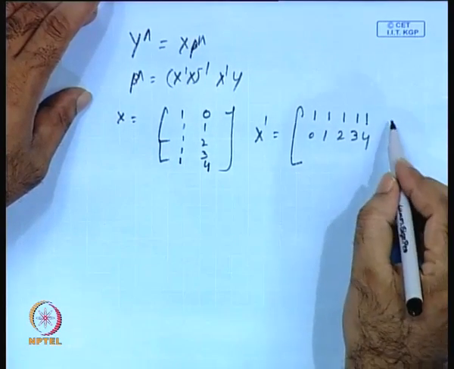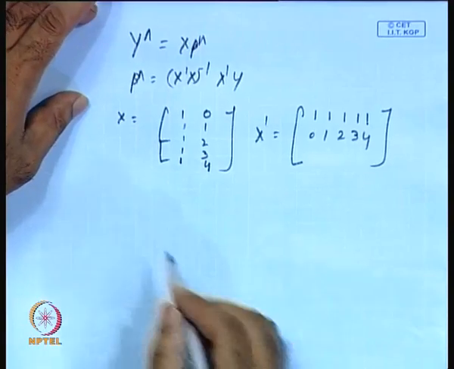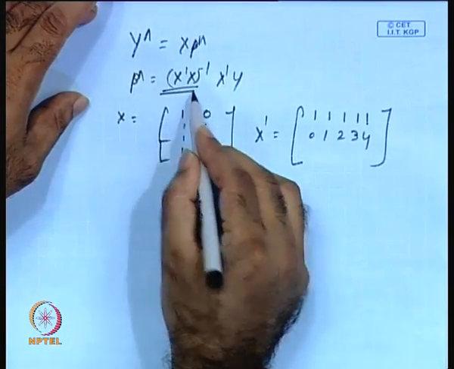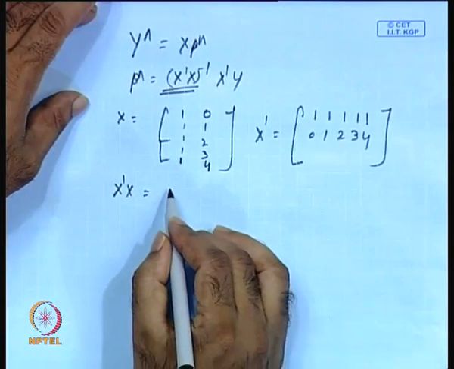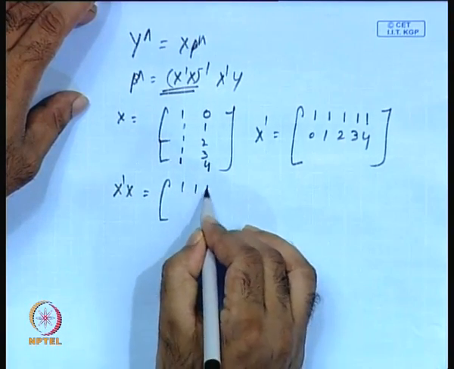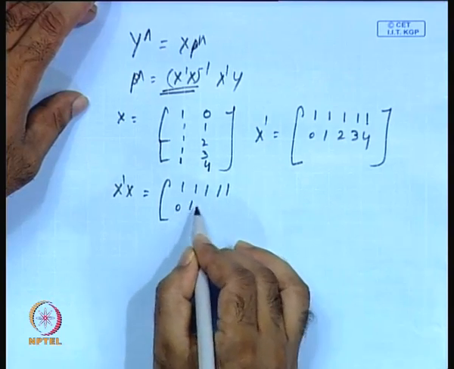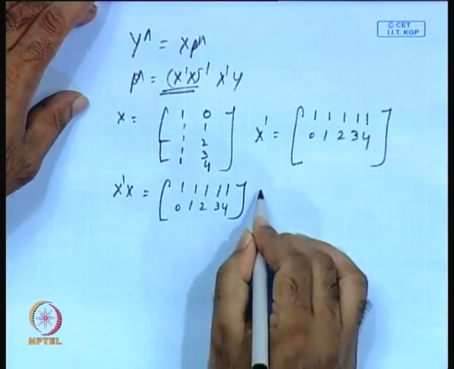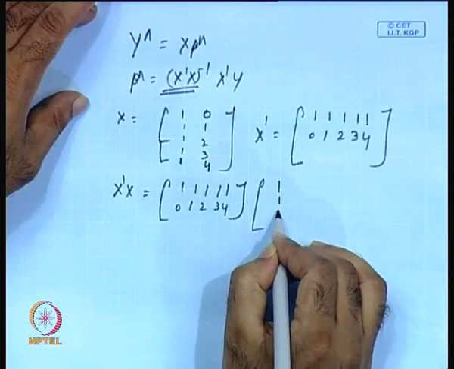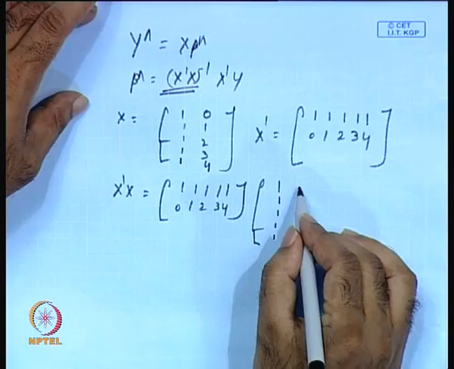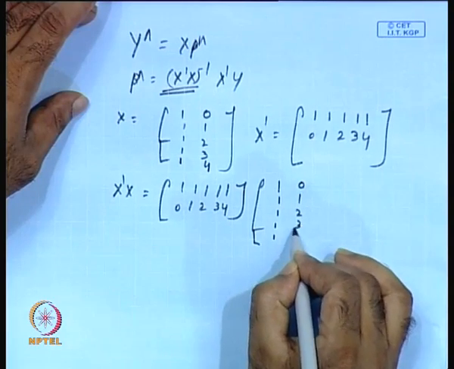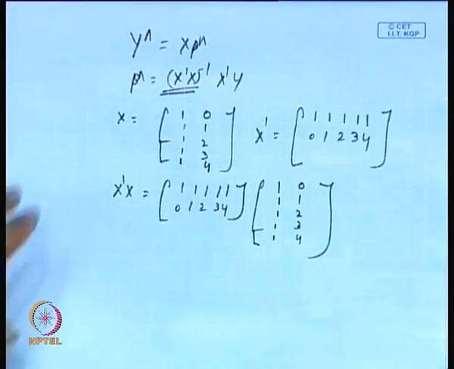This is how the x transpose looks. We would like to know x transpose x, so first we calculate x transpose x. So x transpose x means 1, 1, 1, 1, 1, then 0, 1, 2, 3, 4, multiplied by 1, 1, 1, 1, 1, then 0, 1, 2, 3, 4. This is how the complete structure looks.